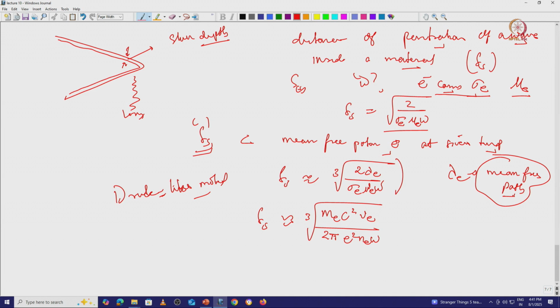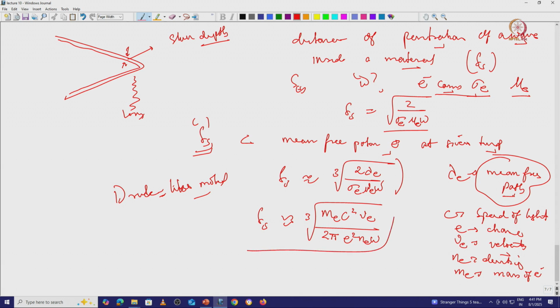Here c is the speed of light, okay, and e is the charge, mu e is the velocity, and n e is the density, and m e is the mass of the electron. Okay, so this is the equation which is proposed by the Drude-like model.